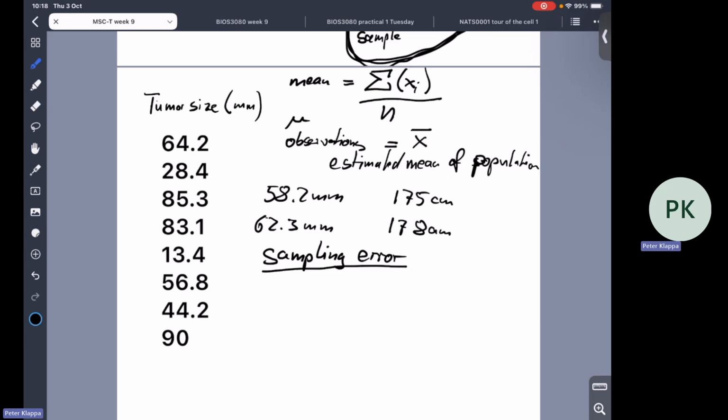I don't like the word error in it because it implies that we made a mistake. But we haven't made a mistake, right? It is an uncertainty. Every time we take a sample, yes, we get a value, but there is an uncertainty. How close is that to the true population mean?